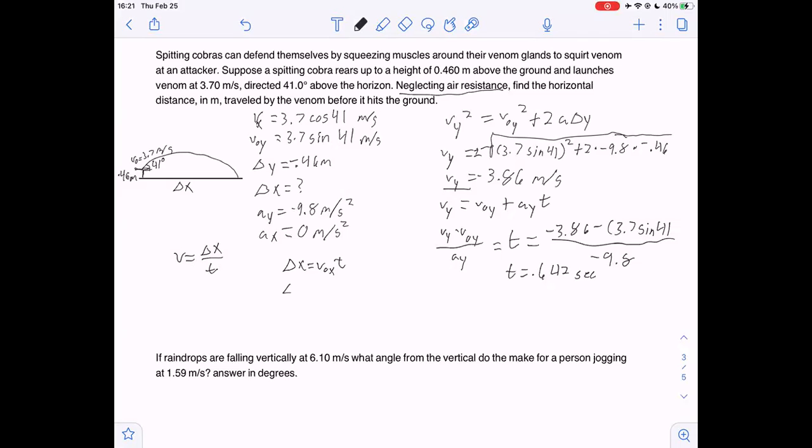So our delta x is equal to the 3.7 cosine of 41 times 0.642.